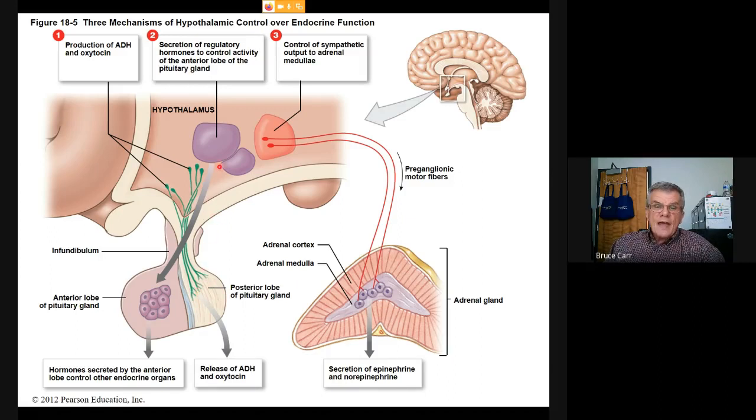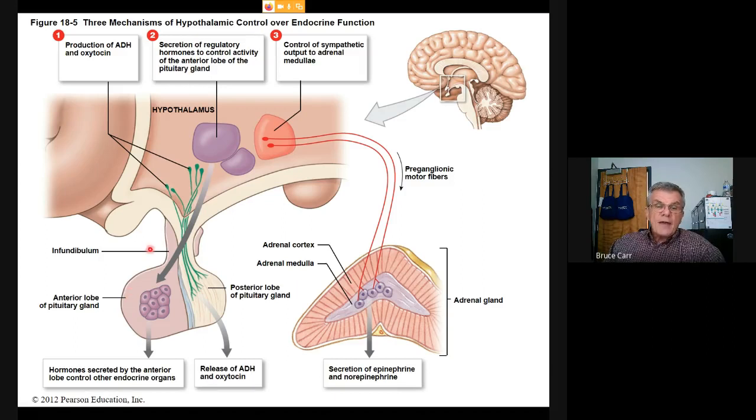The second mode of action is a signal from the brain and from the hypothalamus to the anterior lobe of the pituitary, and that signal is specific to the pituitary hormone that will be released. There are under a dozen, but certainly some major hormones where the target is a major gland.